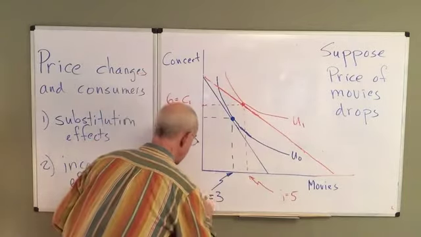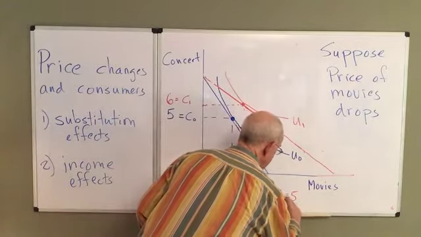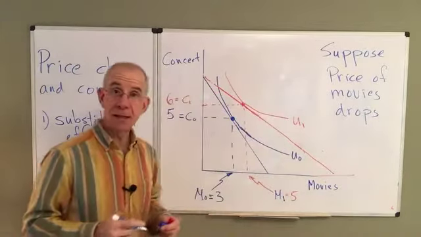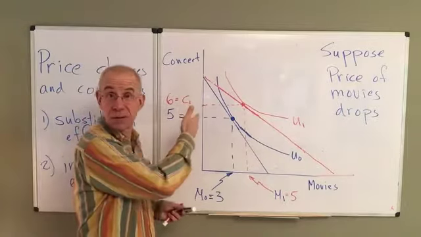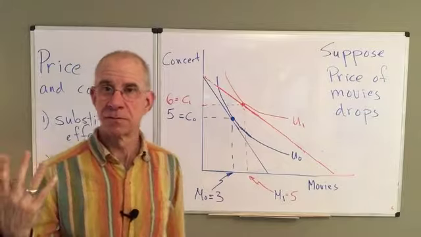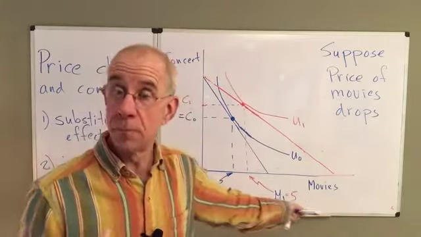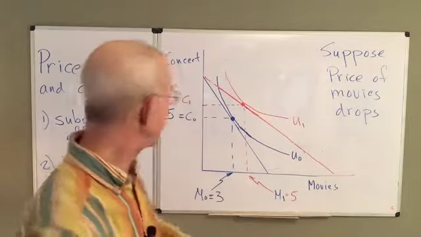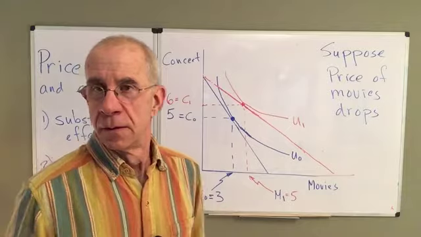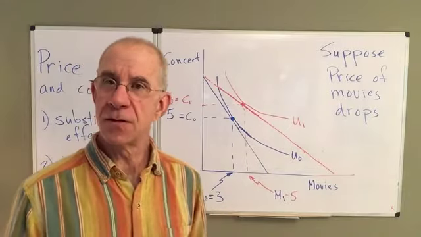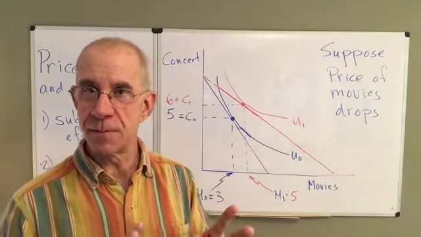This is the initial level of movies, and this is the new level of movies. What you see here is that when the price of movies goes down, you're going to more concerts. You're indeed going to more movies, but you also have this effect of increased attendance at concerts, and that's where you have some of these effects that we want to decompose.